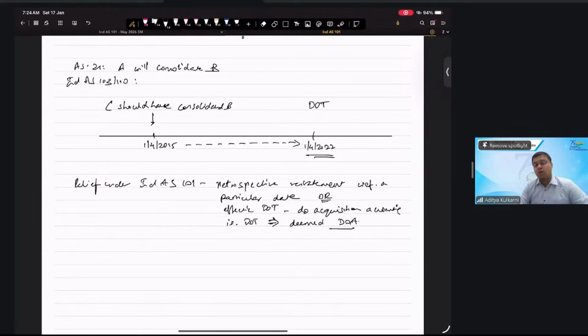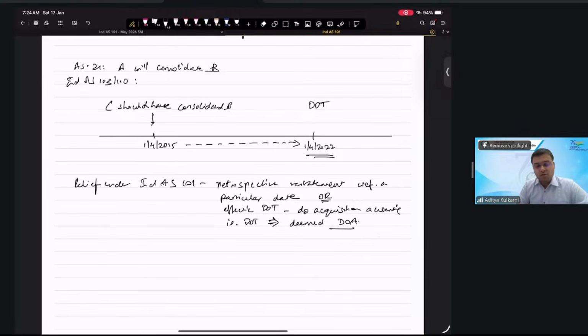Will you be sitting quietly after that? No. Answer is no. 31st March 16 you have to consolidate. 31st March 17 you have to consolidate. 18, 19, 20, 21, 22. Till 22 you have to go on doing the consolidation of B into C. And that will give you the reserves balance on the date of transition.